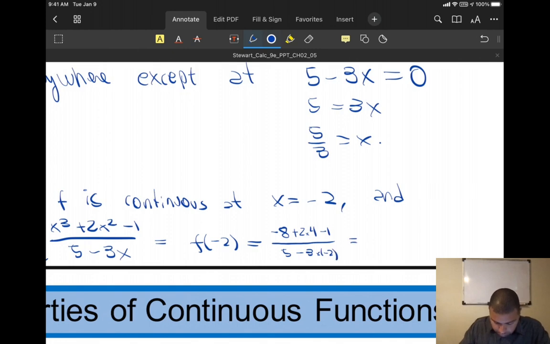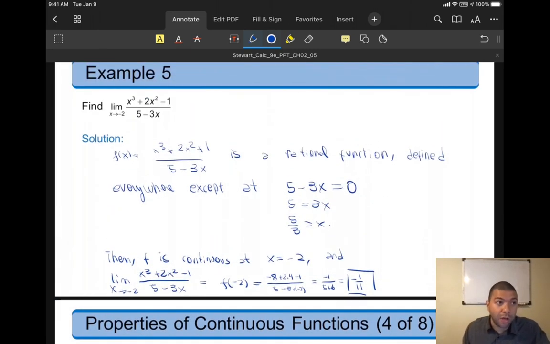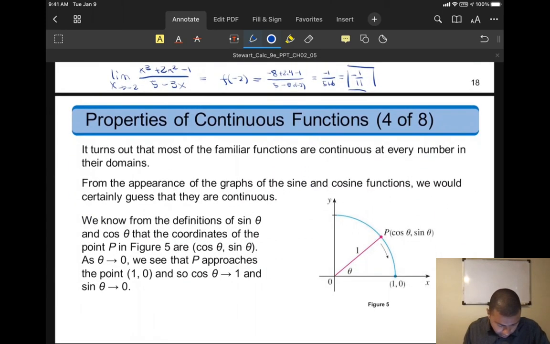So 8 minus 8, minus 1 at the top, and at the bottom, let me double check that, because that's a 5 plus a 6. Oh, so it's an 11. So that's what we have. So I can just plug it in as long as I'm able to check that the function is continuous. Okay?